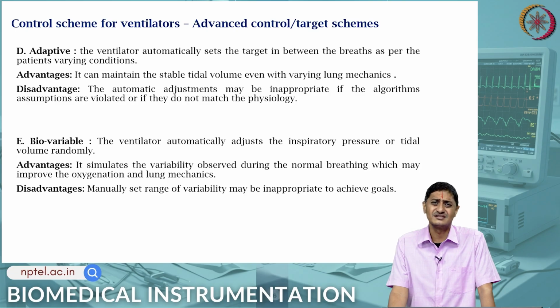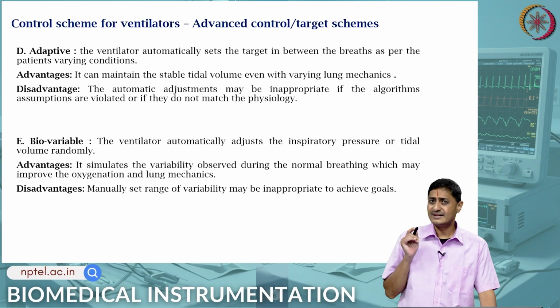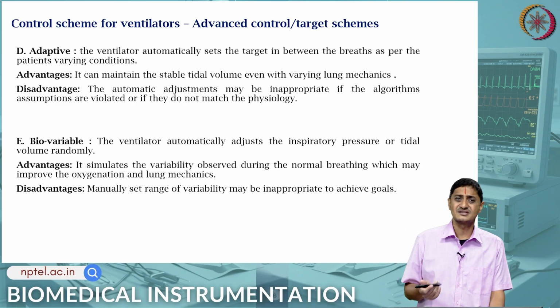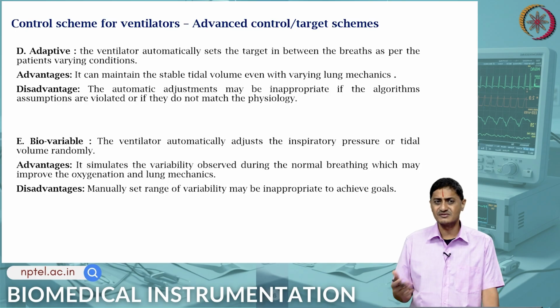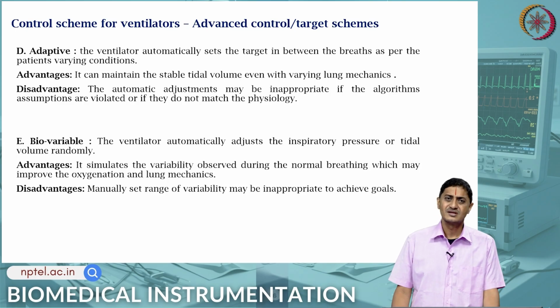The major challenge or disadvantage is that sometimes the automatic adjustment provided by the controller may not be very appropriate, because all this comes down to the algorithm that is controlling. If the assumptions of the algorithm are violated, or there is some mistake, then the physiology or pathophysiology are not matched by the algorithm. Then what will happen? The input that is given to the controller may not be very appropriate.